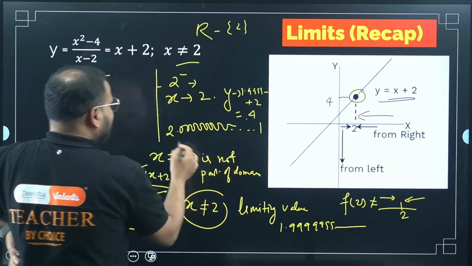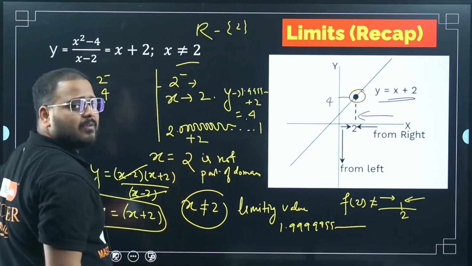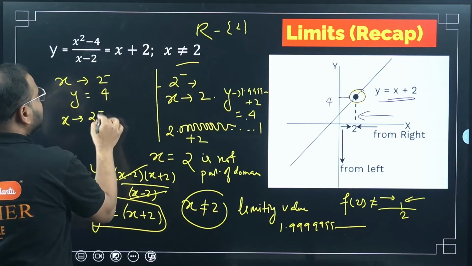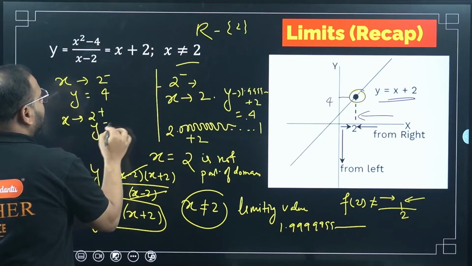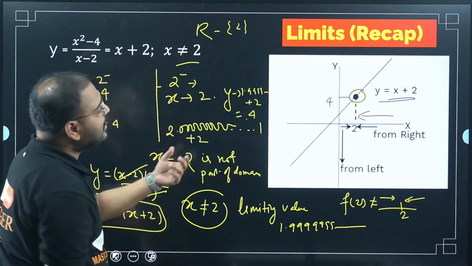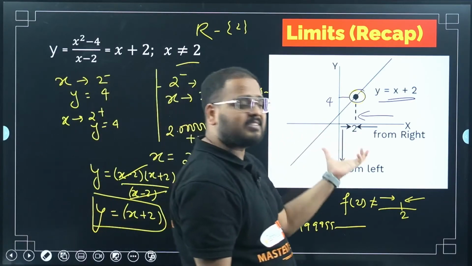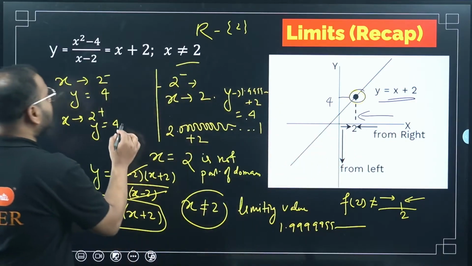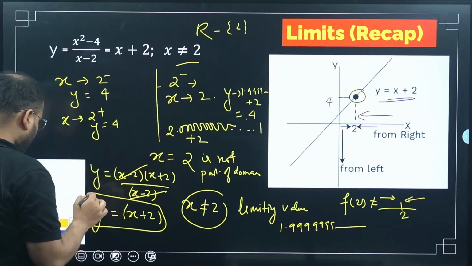If you add this to 2, how much will this become? So if I try to reach x from the right hand side, what will be my y value? Again 4. All right, so I hope you understood. Whether I approach 2 from the left hand side or from the right hand side, I will reach the value 4.